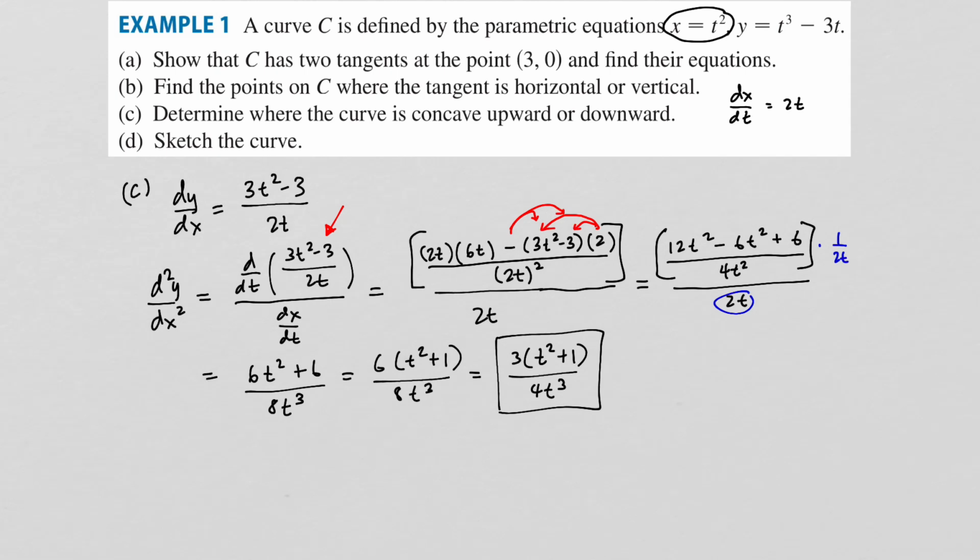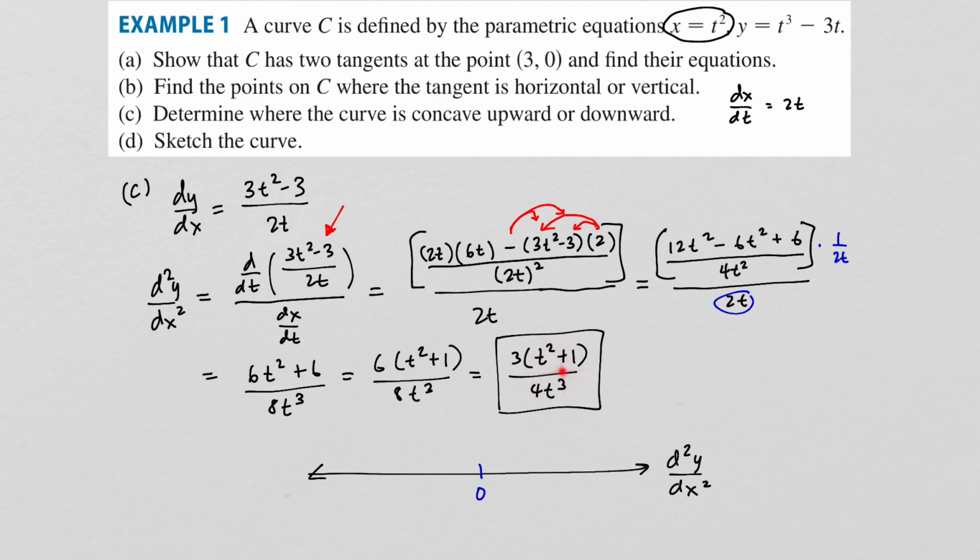Now we know that for the second derivative on our number line here, it's going to be concave up when the second derivative is positive and concave down when the second derivative is negative. So first we need to figure out, when is the numerator or denominator going to be 0? Well, we know the denominator will be 0 when t equals 0, because we can see that here.